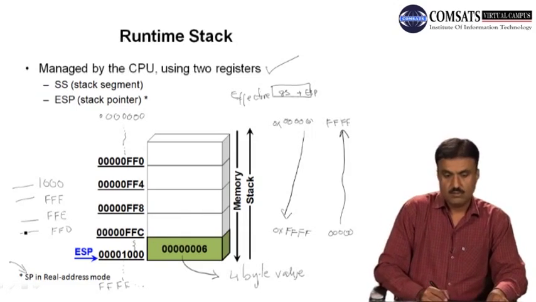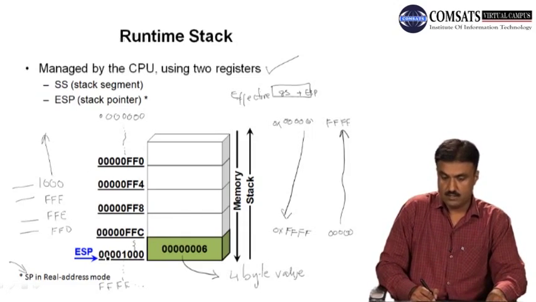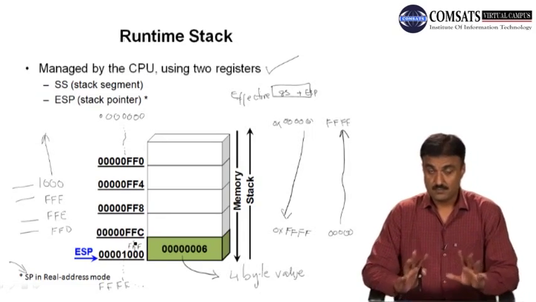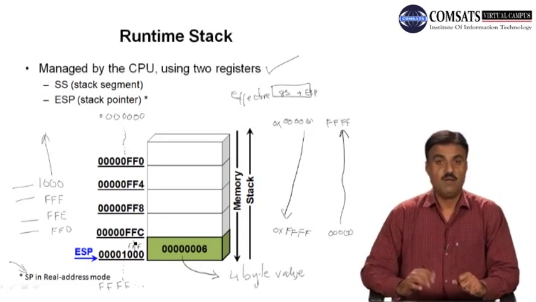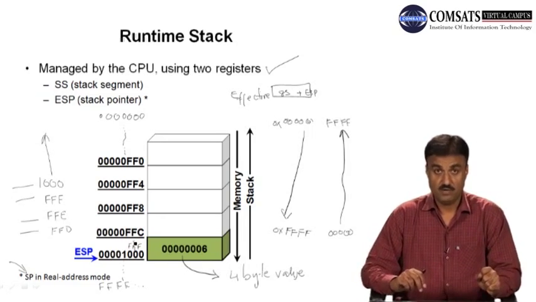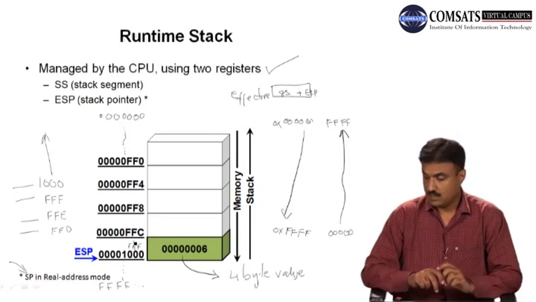They can grow in this direction, no problem. So here they can grow in hexadecimal from 000 and 100, then FFF and so on, then FFE and FFD. All these 4 bytes are occupied by one value. So we have pushed one 4-byte value inside the stack.